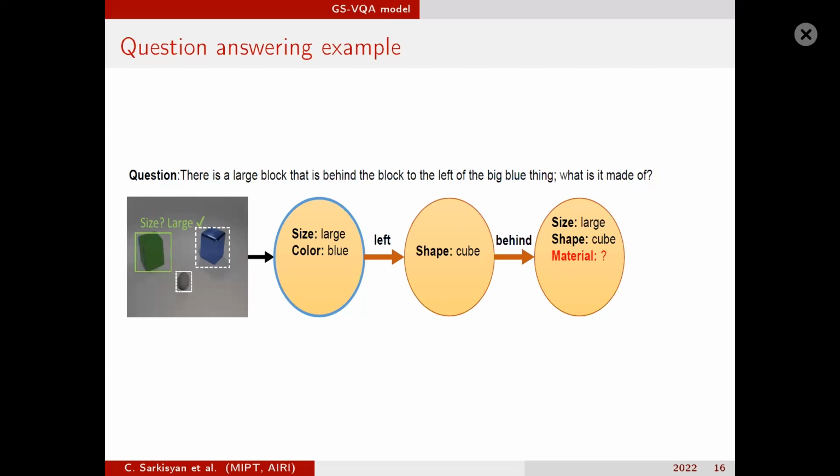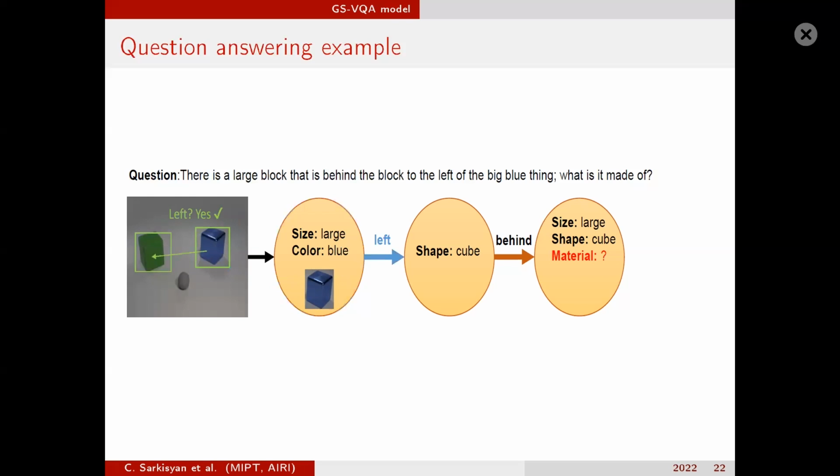Then the graph traversal begins from the first node. Each object property from the candidate object set is checked by calling the required estimator within a procedure. For this node, we check object sizes and colors. The objects that suit the node's characteristics are assigned to this node and form the current node object set.